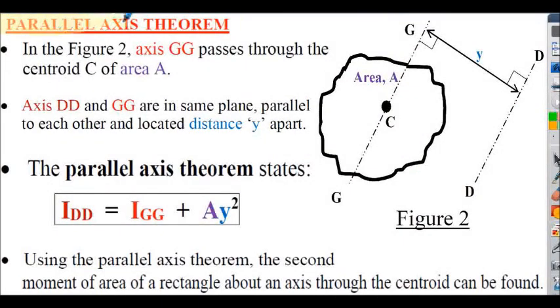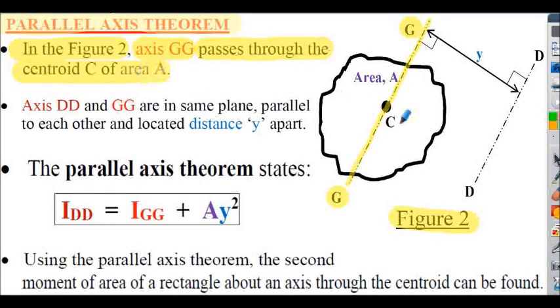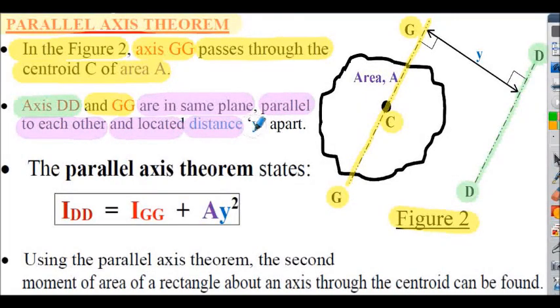Let's consider the parallel axis theorem. In figure 2, shown here, axis GG passes through the centroid of the section. Axis DD and GG are in the same plane, parallel to each other, and located distance y apart.